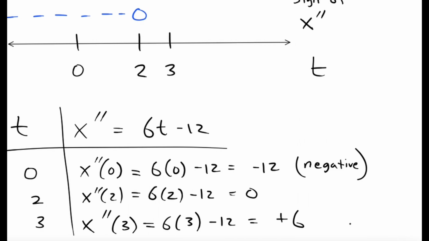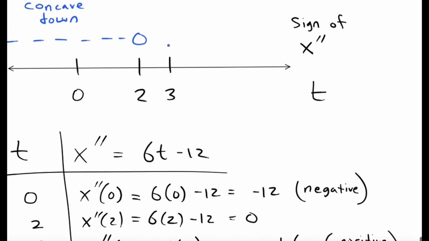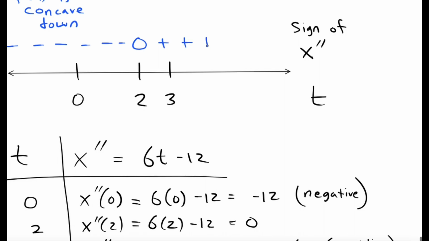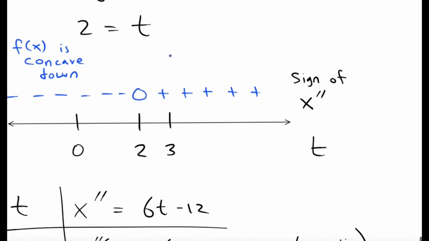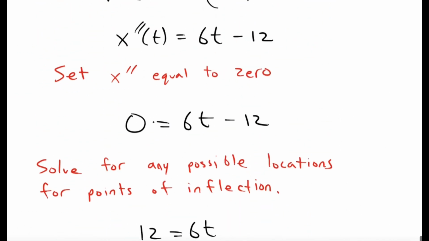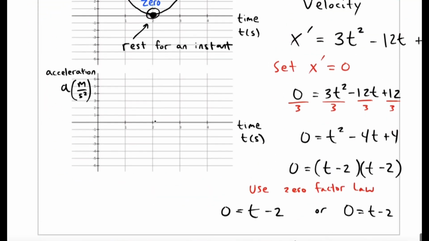I get 6, which is positive. So what that's going to indicate is that f of x must be concave up on that interval. Let's see if that matches up with what we see in the picture.